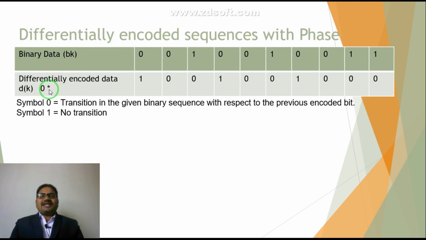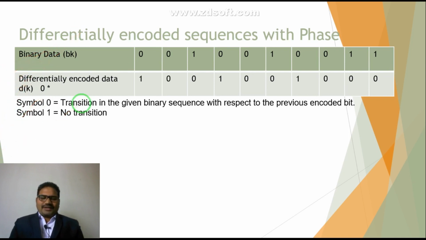In the previous table, we took 1. Since the initial state could be 1 or 0, we took the example with 1 earlier. Now we are going to take this example: if the initial state of the encoder output is 0, then what would be the result?